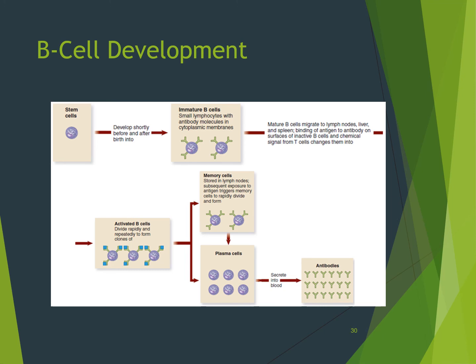Now, two different types of B cells are going to develop at this point. Plasma cells, which are called effector cells. And it's easy to remember because effector cells cause an effect, right? They're doing something.